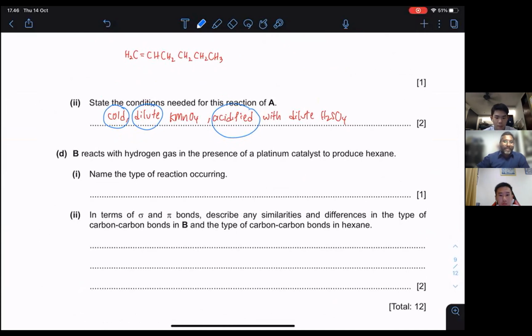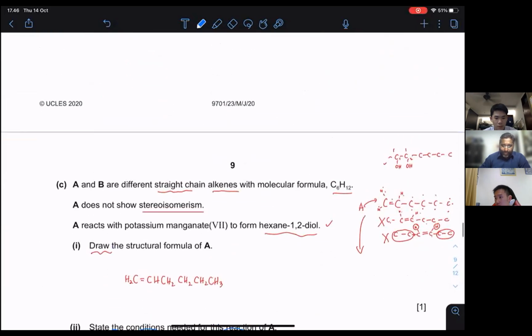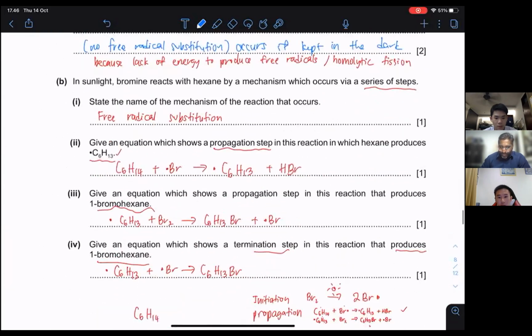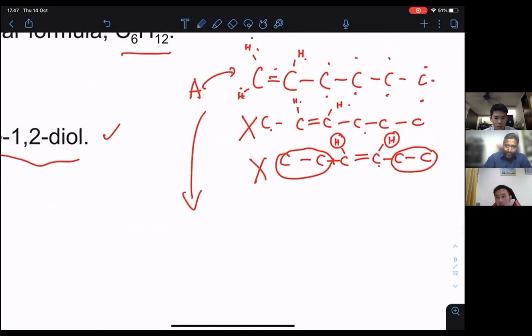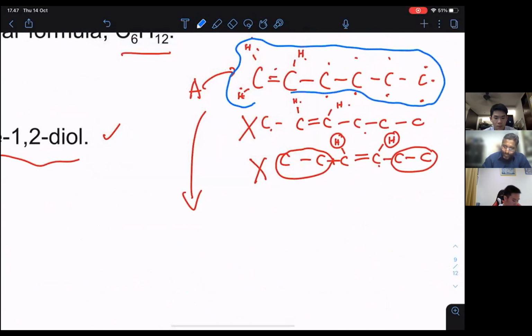Now B reacts with hydrogen gas in the presence of platinum catalyst to produce hexane. So we are looking at B. Just now, remember, we had three examples. This one is confirmed A, so now we are looking into B. I don't know which one is B; it can be these two.